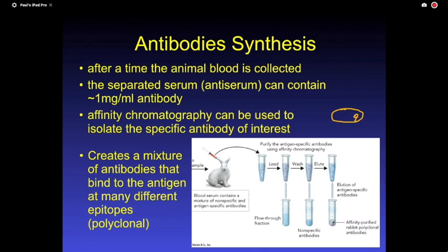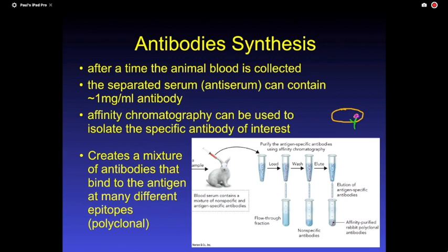An antibody could bind right there. Let me do that in a different color. Let's do it in green. You guys can see green. Where the antibody binds, what is that called? That is called the epitope.